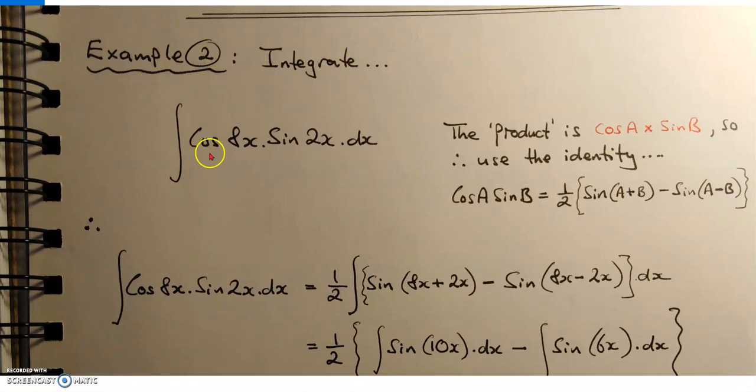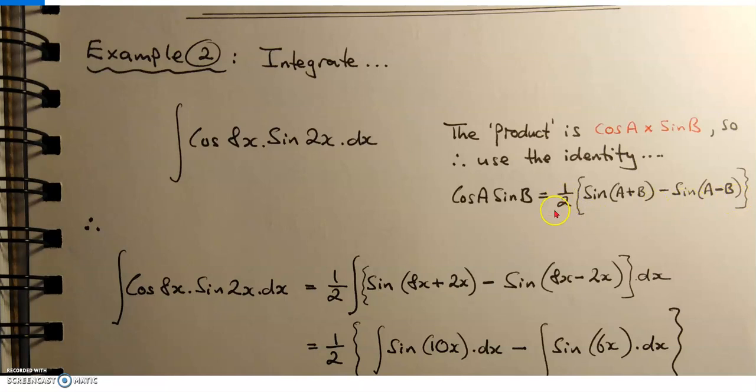It says integrate cos 8x multiplied by sine 2x. 8x is a different angle to 2x. This time we've got cosine of A multiplying the sine of B, and we use this identity. Notice the half here.